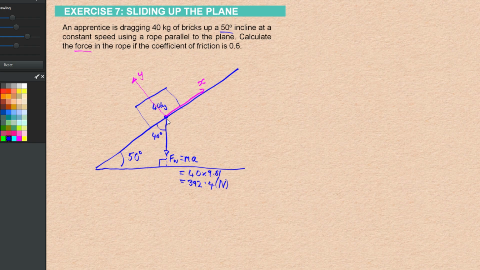Once we've done that, we can say that our weight force will have a component in line with the y-axis, which will be our force due to weight in the y direction. To complete our vector, so that when we add up these two vectors we get back to our original vector, we have our force due to weight in the x direction.